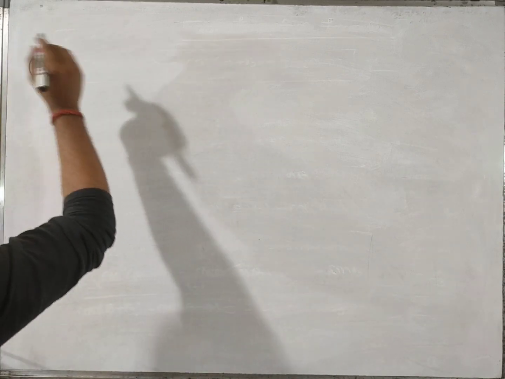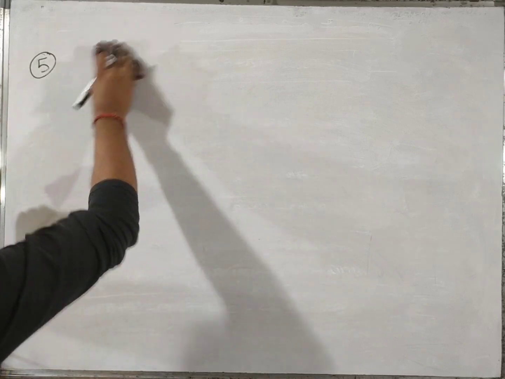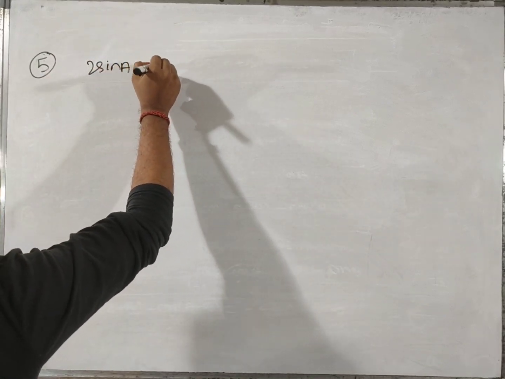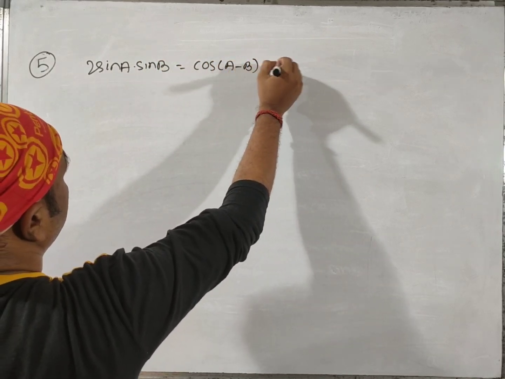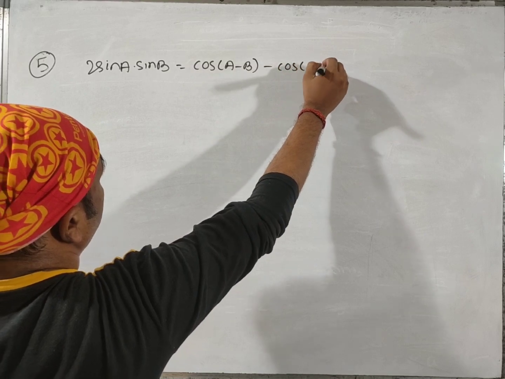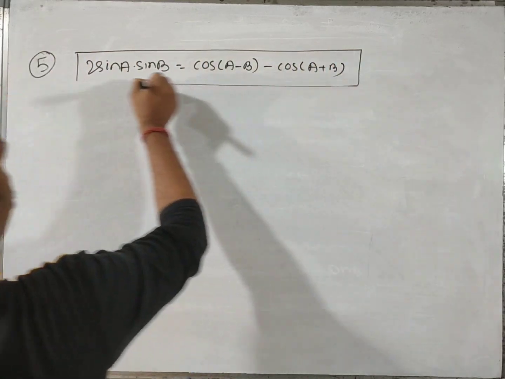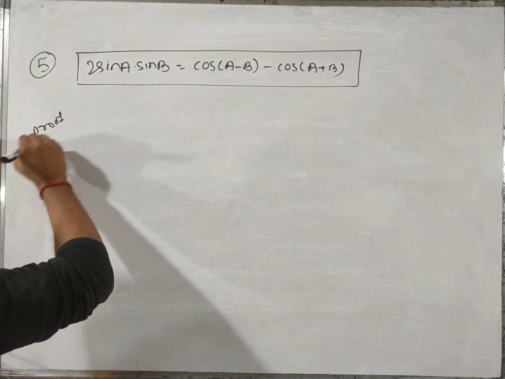Here it is the fifth one. 2 sin A into sin B, it is cos A minus B minus cos A plus B. And here it is the proof.